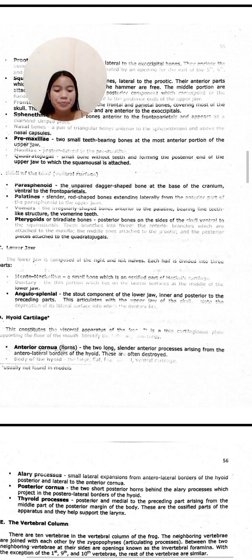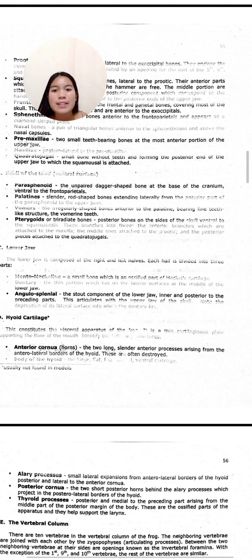So the quadratojugal is a small bone that has no teeth. In other definitions, it is a prominent strap-like bone in the skull and provides structural integrity in the postorbital region of the skull.